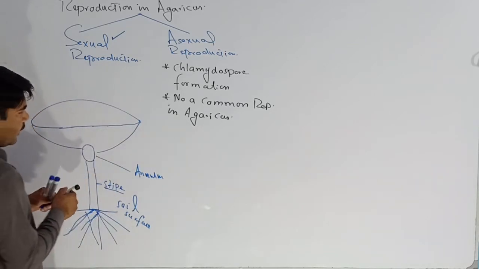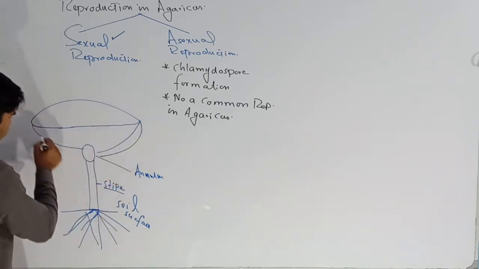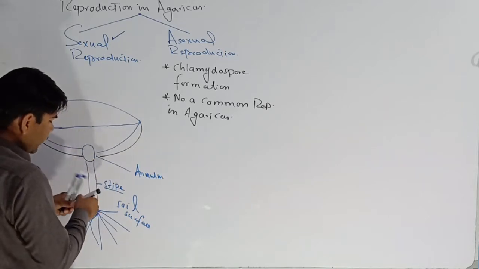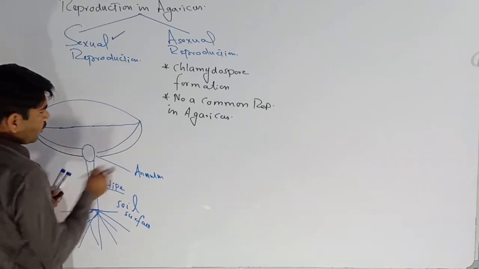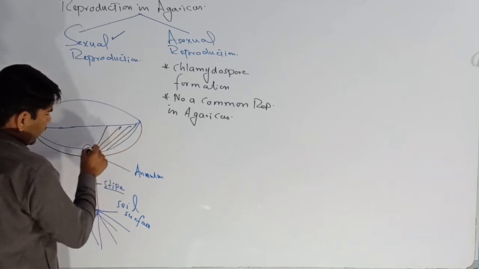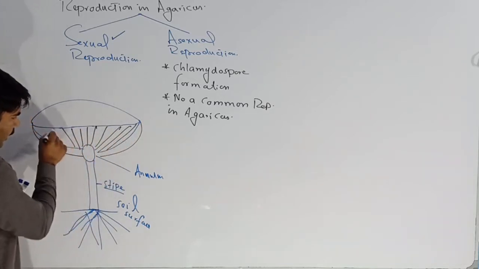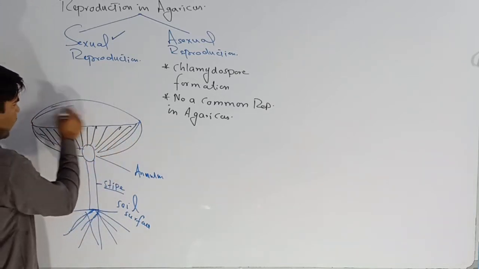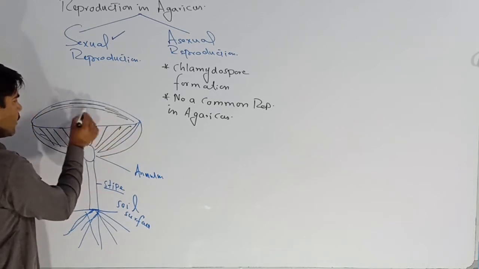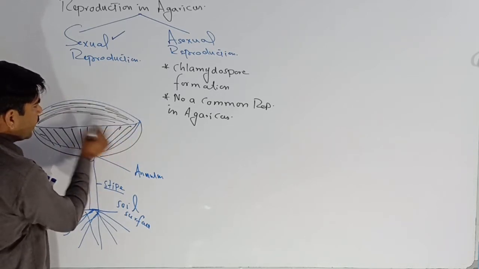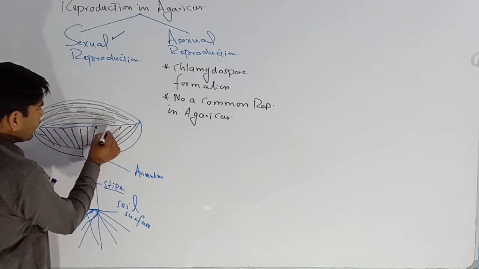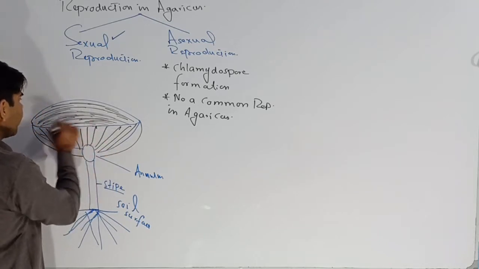And these are the structures which are known as gills. This structure is present at the top portion of this Agaricus, and this structure is known as pileus.